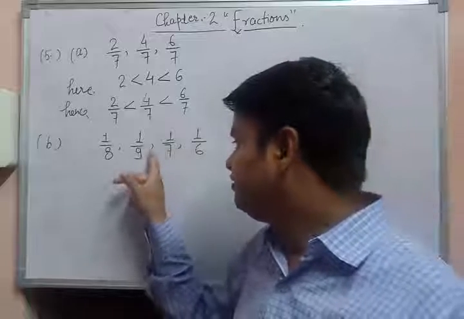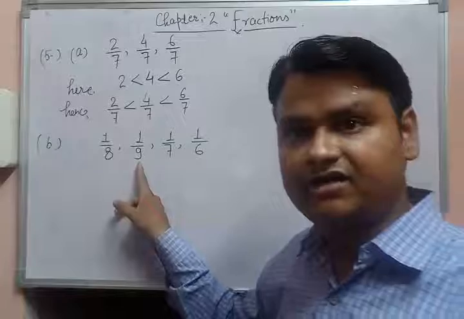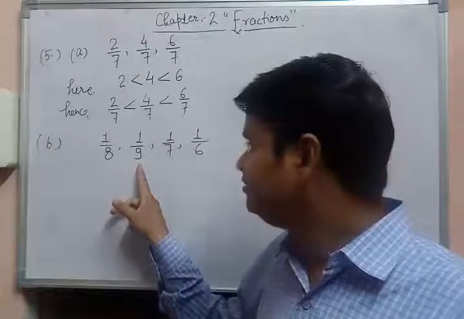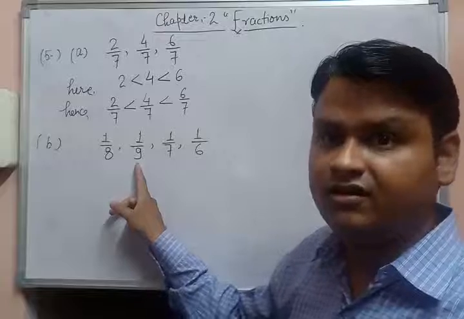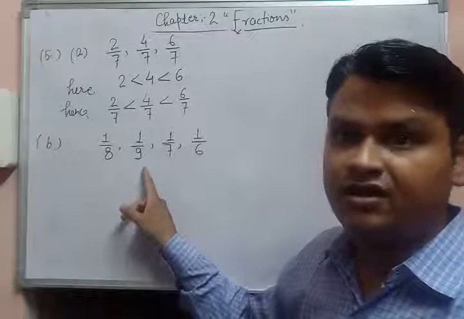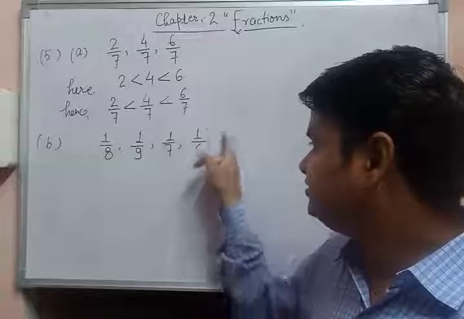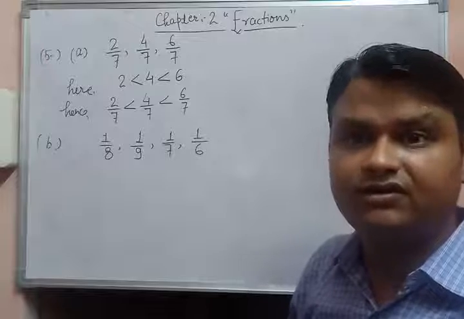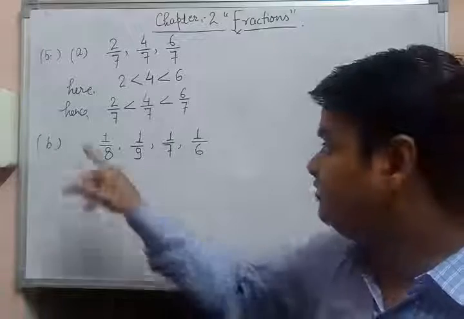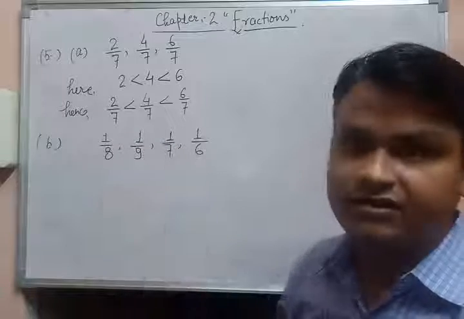This denominator is large and this denominator is small, and where the denominator is large, the fraction is small. Listen carefully to what I am saying. First step: if you are given the same numerator in all the fractions, then you have to check which denominator is large and which is small. The fraction whose denominator is large is very small compared to all the fractions, and the fraction with the smallest denominator is greater than all the fractions. So this is the concept for when the numerator is the same in all the fractions.